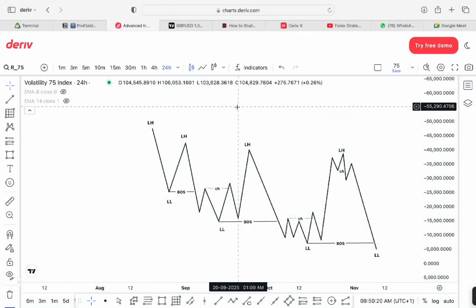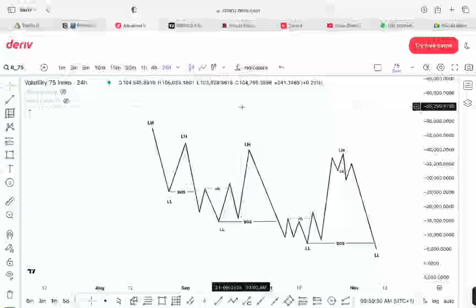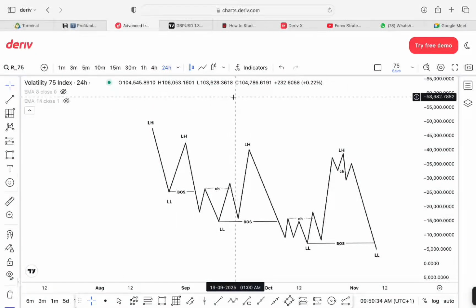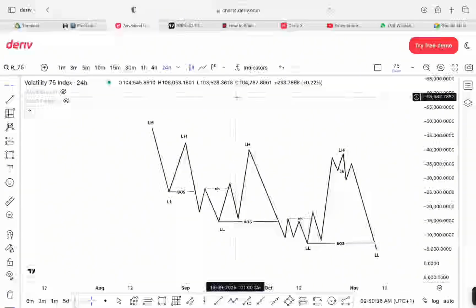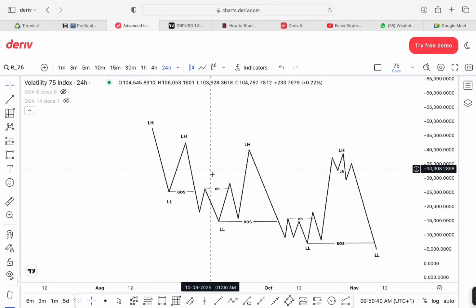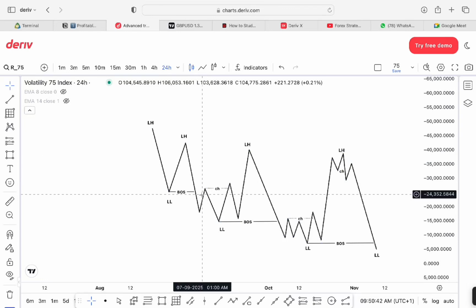So I said earlier that a break of structure happens when price breaks a key high or a low. In an uptrend market it breaks a key high, in a downtrend market it breaks a key low.